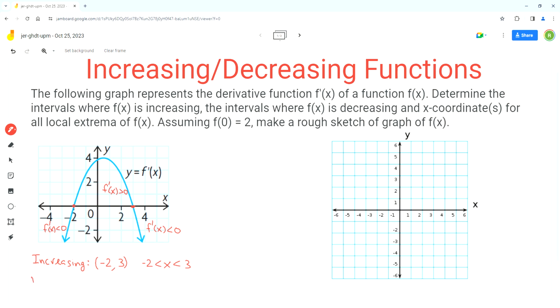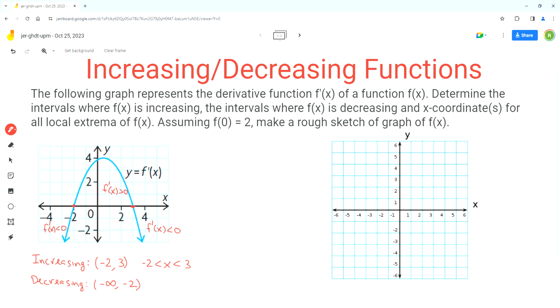Now we can write the intervals over which the function is decreasing, and those are intervals in which f prime of x is less than 0. The first interval in which f prime of x is less than 0 is all points to the left of -2. So in interval notation, we can write that as (-infinity, -2).